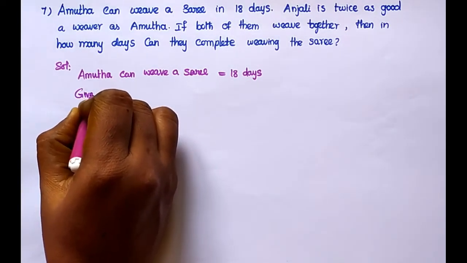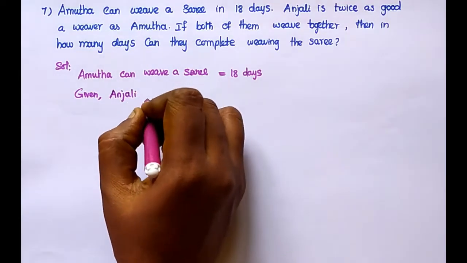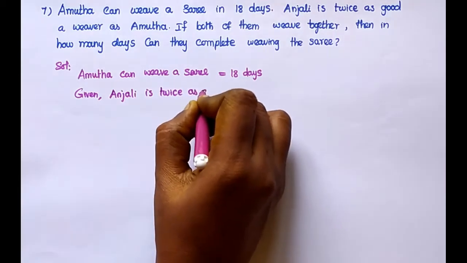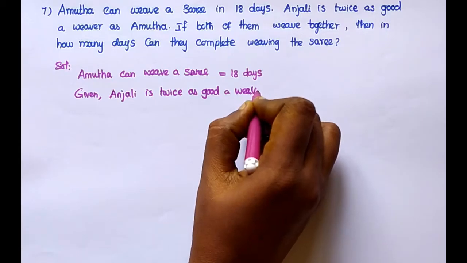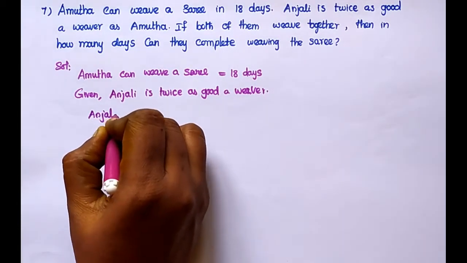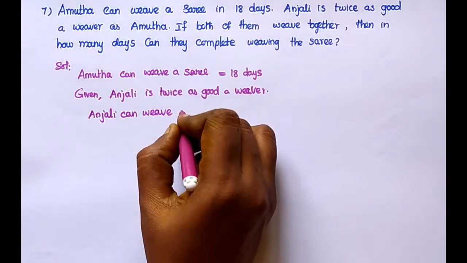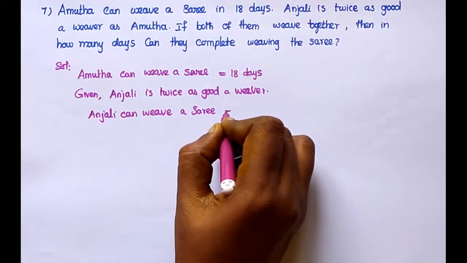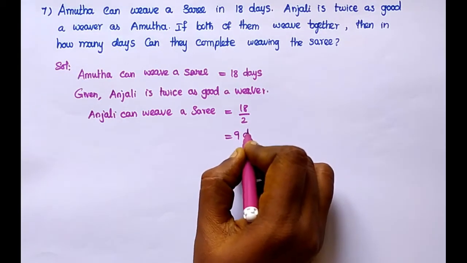Given Anjali is twice as good a weaver, so Anjali can weave a saree in 18 by 2, that is 9 days.